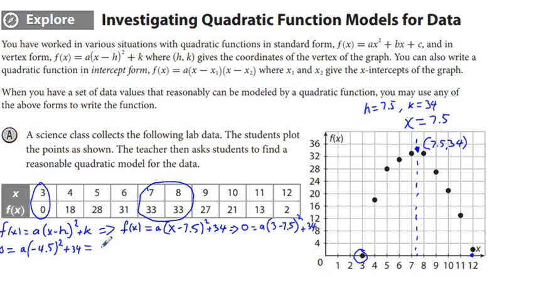Working to the right, we're going to subtract 34 from both sides.